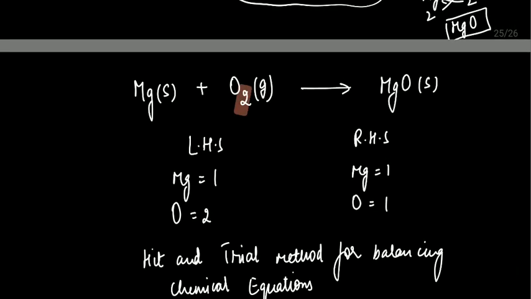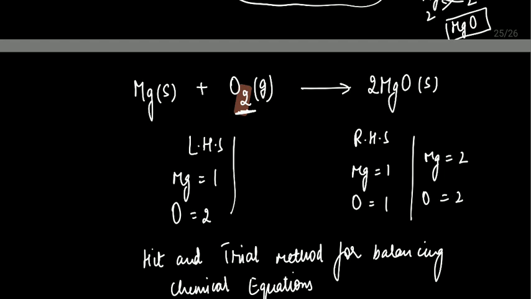We can't change it. Now we have two oxygen atoms. If I put 2 in front of magnesium oxide, oxygen will be 2 atoms. So after balancing, magnesium is 2 atoms, oxygen is also 2 atoms.